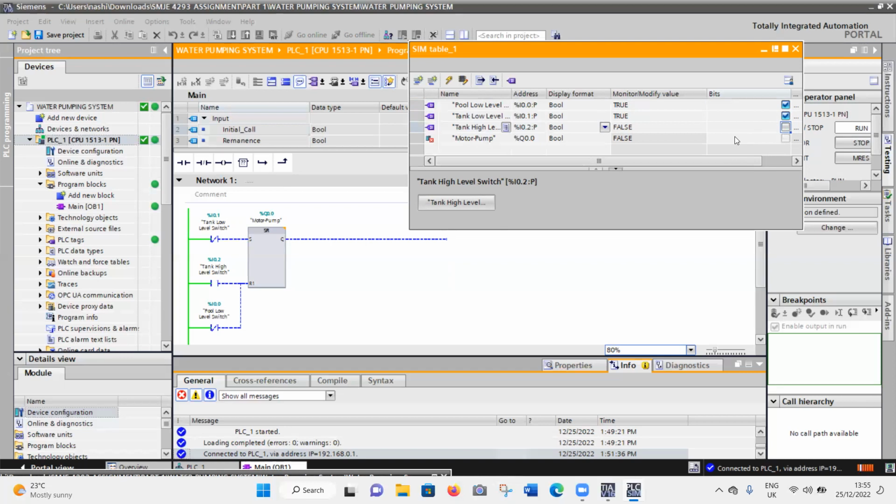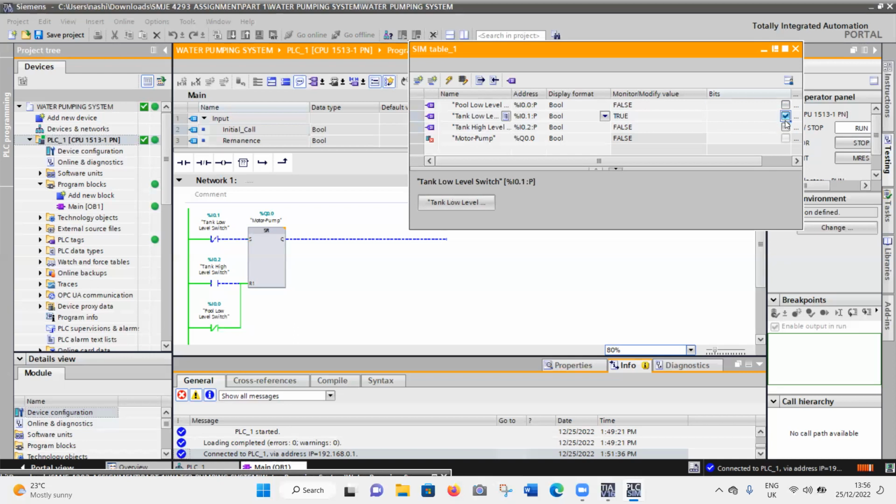As soon as the level of the water reaches the high level switch and activates it, the reset input becomes activated and therefore the pump will stop working. Then the water level will decrease gradually due to its utilization through a designated outlet, and the high level switch will be deactivated after a while.